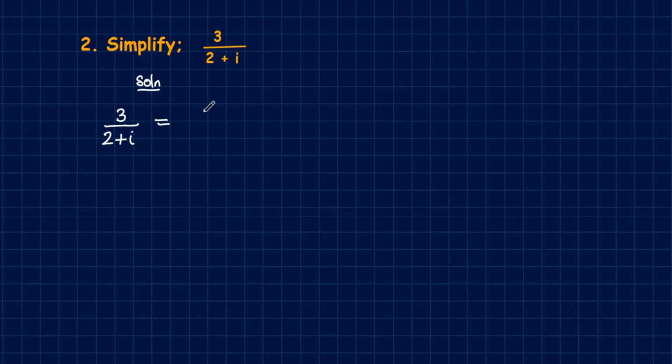So what we have to do is to write our 3, and we'll multiply this by the conjugate of the denominator, and we divide this by also the 2 plus i multiplying its conjugate, and that is 2 minus i. So we carry the same thing up here, 2 minus i.